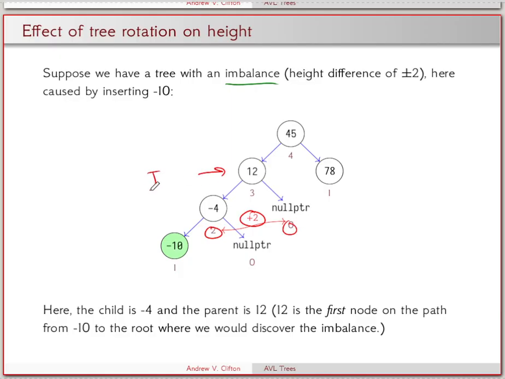So that means we would have an imbalance at node 12. 12 is the place where we would discover this, because remember, we're starting at the new node that we just added and working our way up to the root, updating the heights as we go. So we're going to fix the first imbalance that we discover along this path.